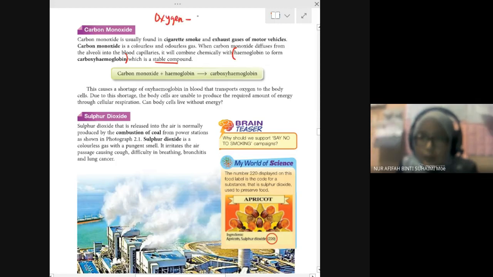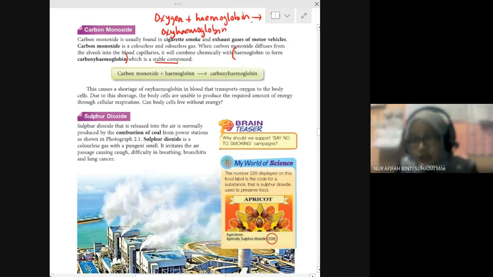Last time we learned that oxygen will combine with hemoglobin in your red blood cell to become oxyhemoglobin, right? This oxyhemoglobin is a reversible process. Reversible means once it's combined, it will return again to hemoglobin.